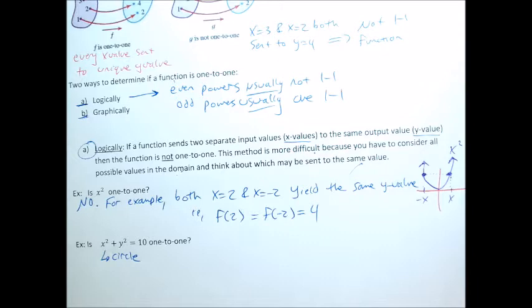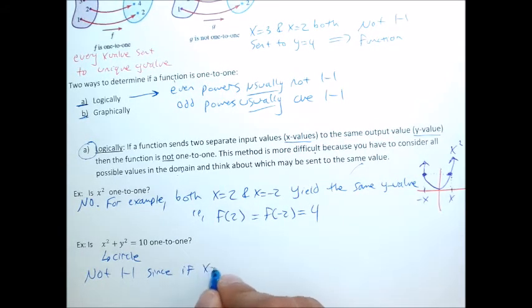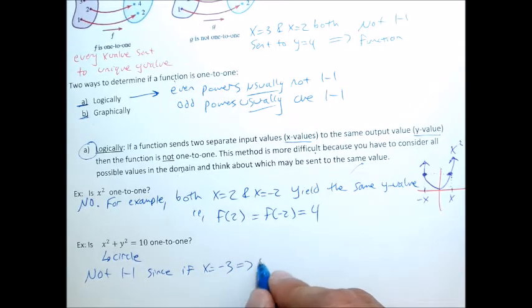So just thinking about what a circle looks like, is it going to be one-to-one? No, for similar reasons as the last one, right? And so a circle is not one-to-one. For example, I'm going to think of two points that I can plug in that are going to give me the same y value. So I'm thinking any positive or negative value. So if x is, say, -3, then that means that y has to be 1.